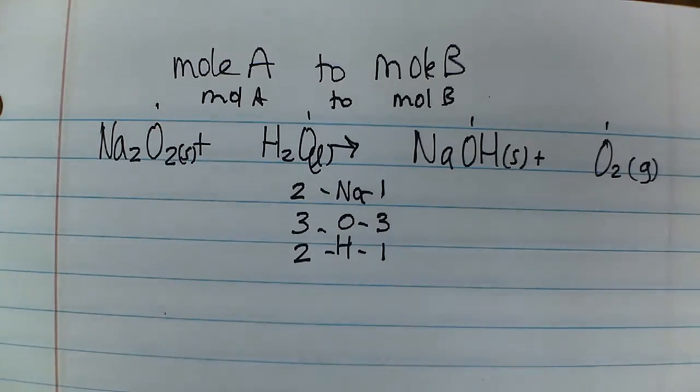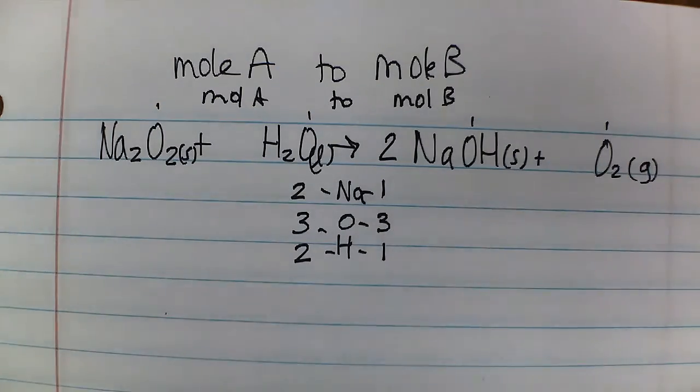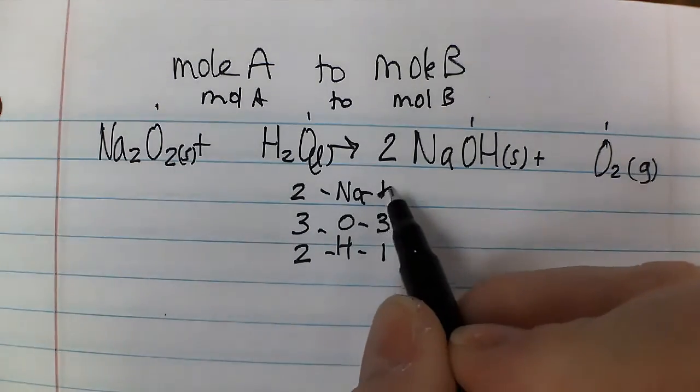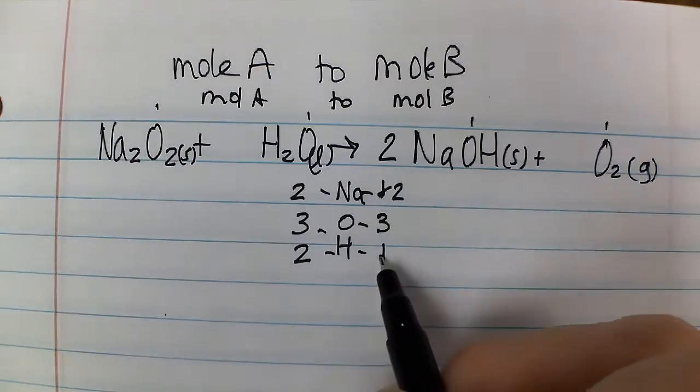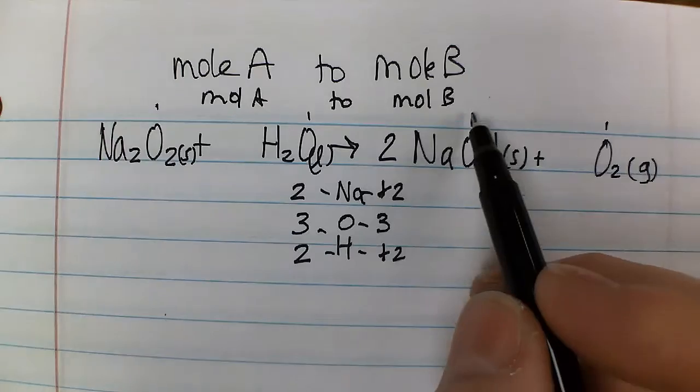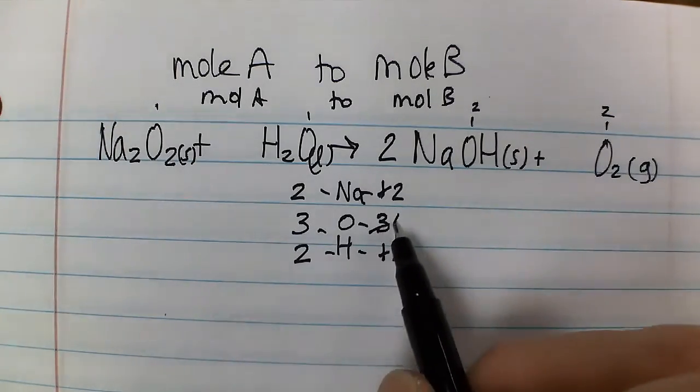Okay, so to begin with, I am going to put a 2 in front of my NaOH, my sodium hydroxide. That's going to give me 2 sodium and 2 hydrogen, then 2 oxygen that are here, plus the 2 that are over here.